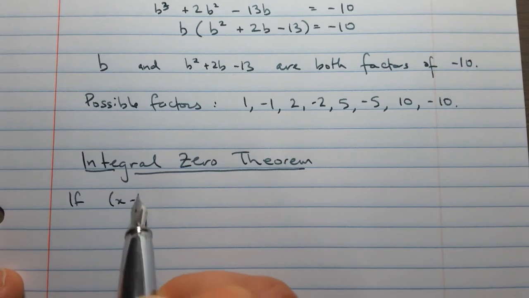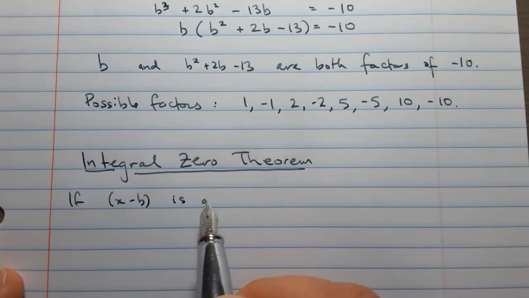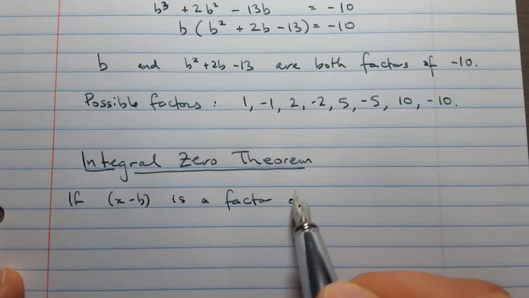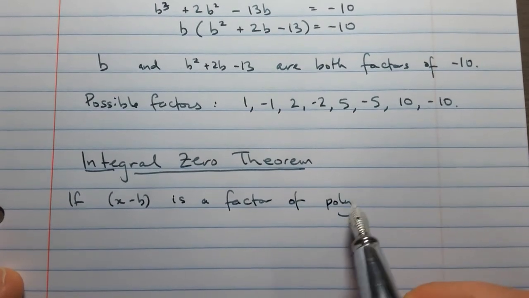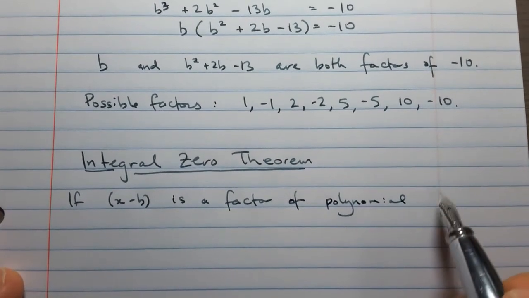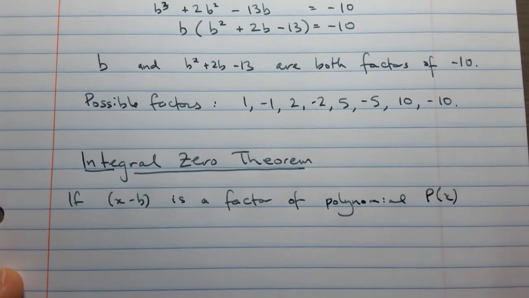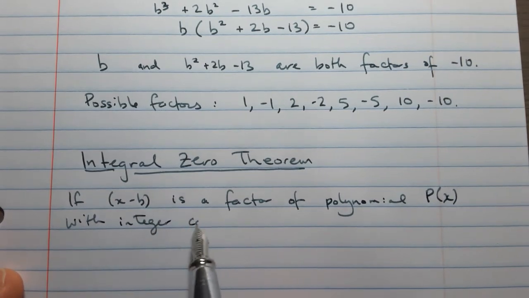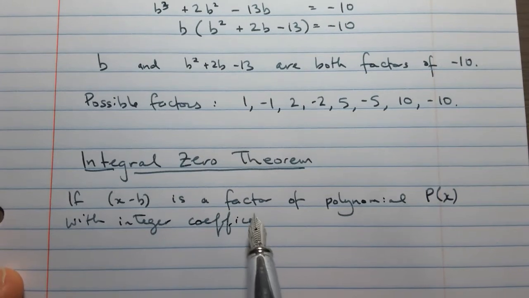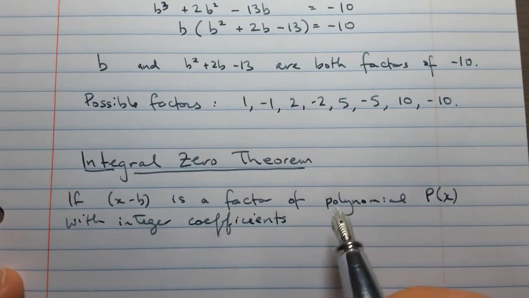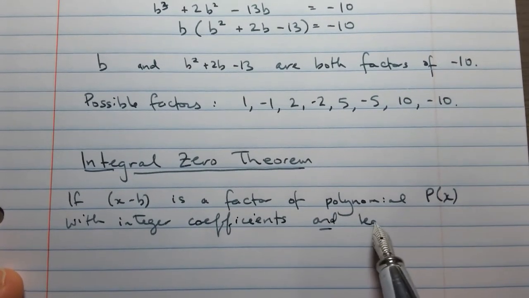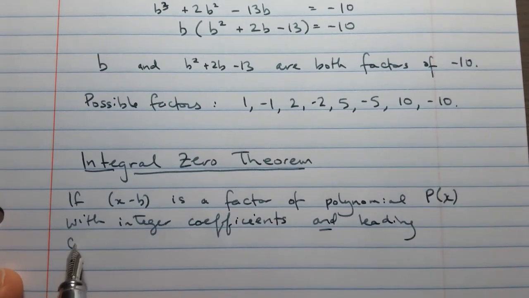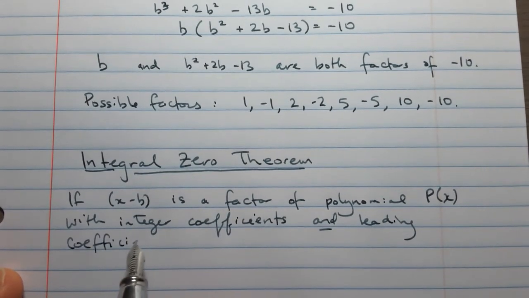If x minus b is a factor of polynomial p of x with integer coefficients and leading coefficient 1.